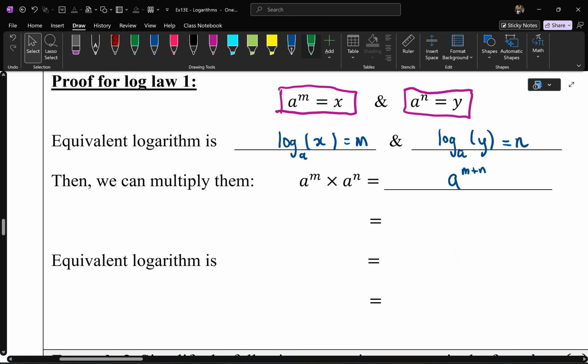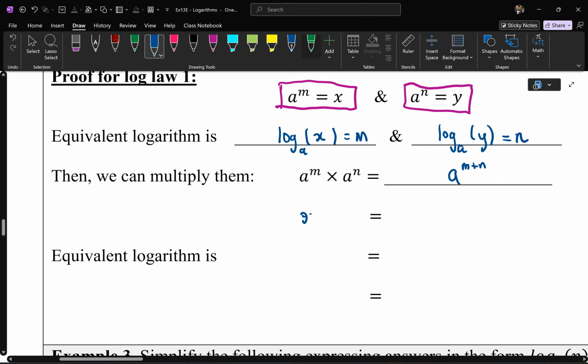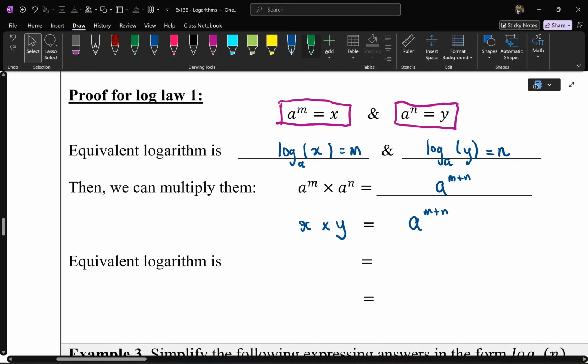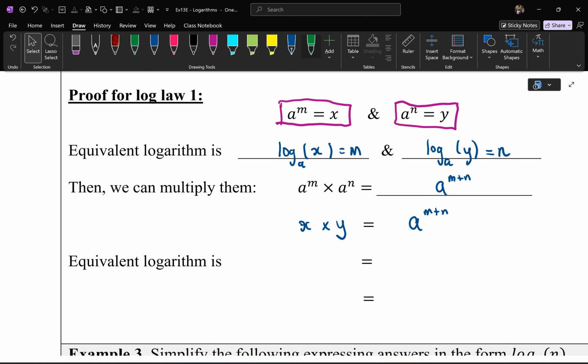So in a way, you're almost saying x times y. True? And that is equal to A to the power m plus n. So far, so good? All I did was use index laws here and said A to the power of m times A to the power of n equals A to the power of m plus n. But A to the power of m was equal to x, and A to the power of n was equal to y, so it's really like saying x times y.